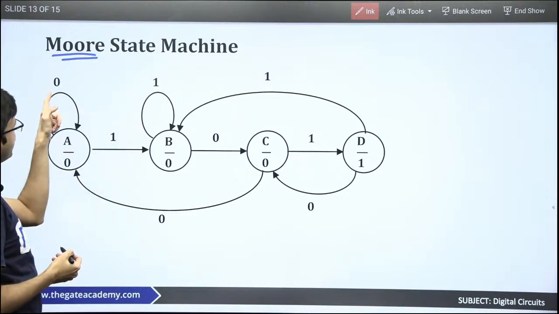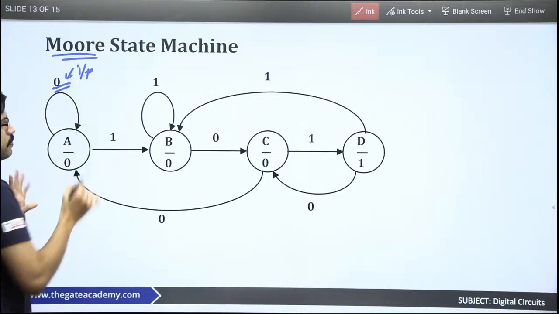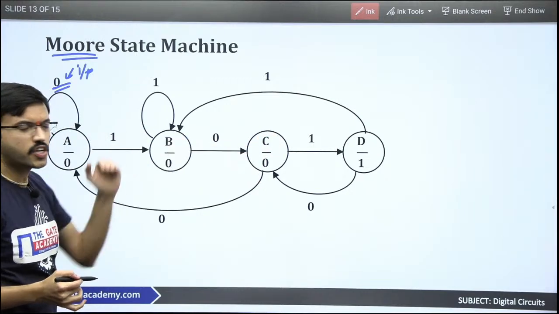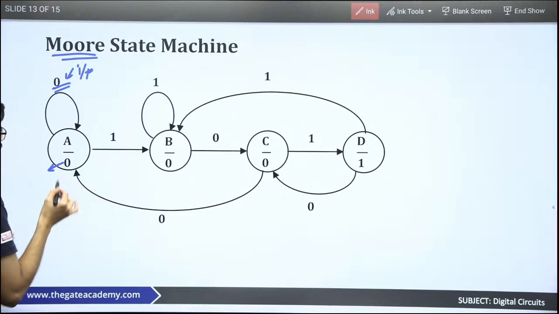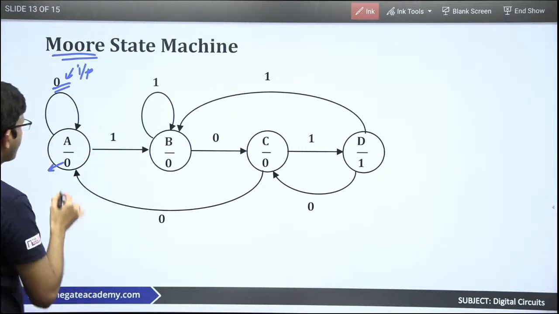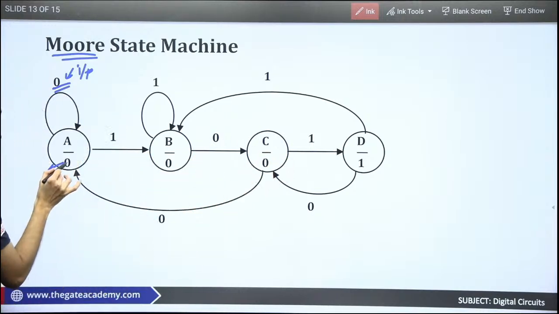But here we have only the inputs on the arrows, and previously in the circles we had only states A, B, C like that. But here, in the circles, we indicate it like this: state A, state B, state C, state D like that.